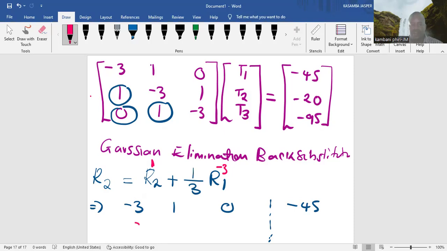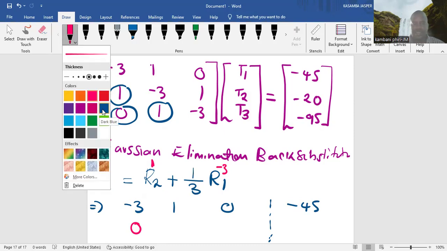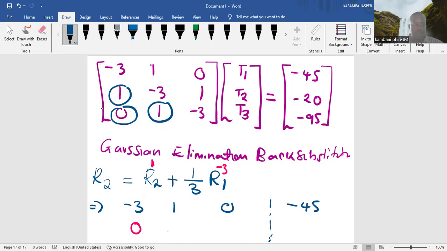When you add, this part will be 0. And that's what we want. Then applying the same, you get negative 2.6. That's what you are going to get there.